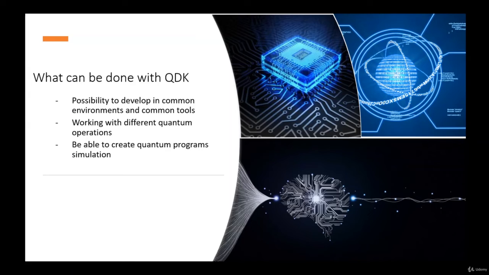For programmers, this is pretty popular. It's also possible to pair the created programs with other host languages, such as Python, the most popular programming language, or .NET, for example, or others. So it allows us to work with different quantum operations.